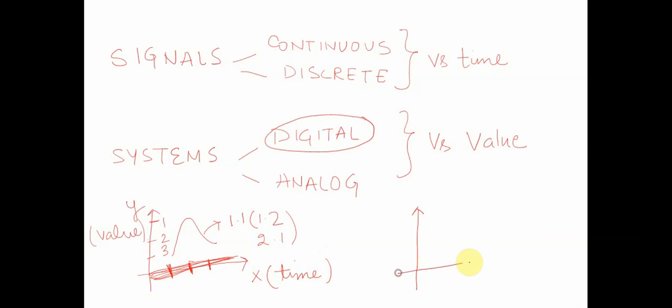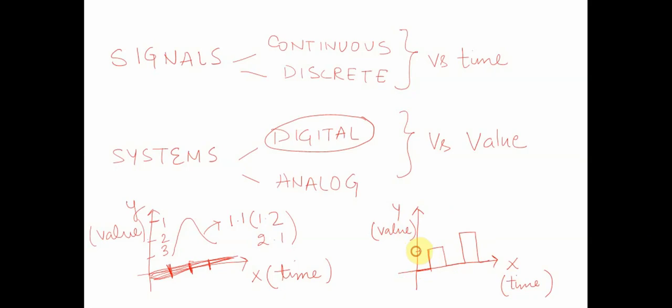Let's assume I draw an x-axis and a y-axis. Now if we have to plot a digital continuous signal, a particular signal has something like this. Let's assume this is value, this is time. How do we say what kind of signal it is? This particular system has only discrete values.